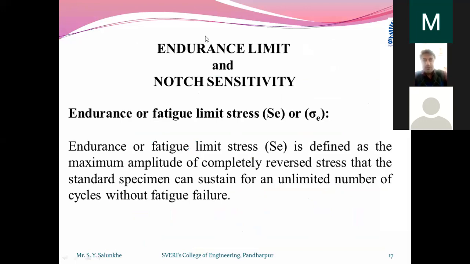So here we are going to start one important point, which is very important from the design point of view. That is endurance limit and notch sensitivity. First of all, we are going to see endurance limit, and then afterwards we will see the notch sensitivity. This endurance limit is a very important term which is used for the designing of any component under the application of fluctuating type of load.